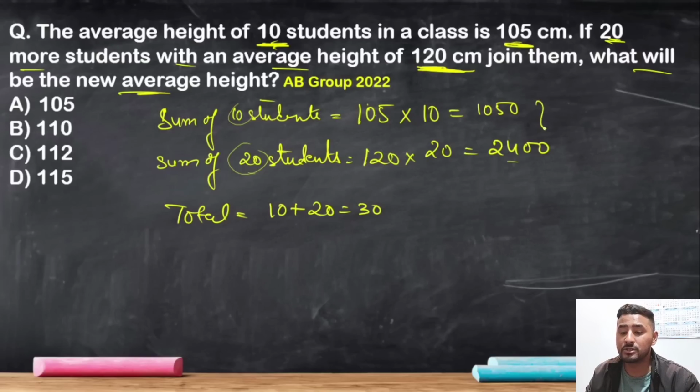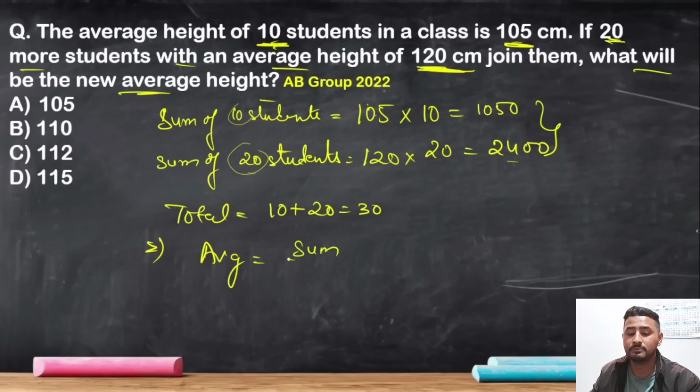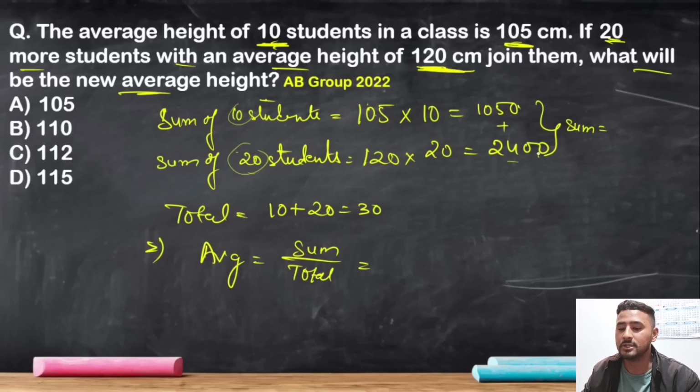Now what will be the average? You have to add the sums, right? Average is sum by total. Our sum will be the sum of these two, 1050 plus 2400, the sum of all 30 students together. 0 plus 0 is 0, 5 plus 0 is 5, 0 plus 4 is 4, and 1 plus 2 is 3.